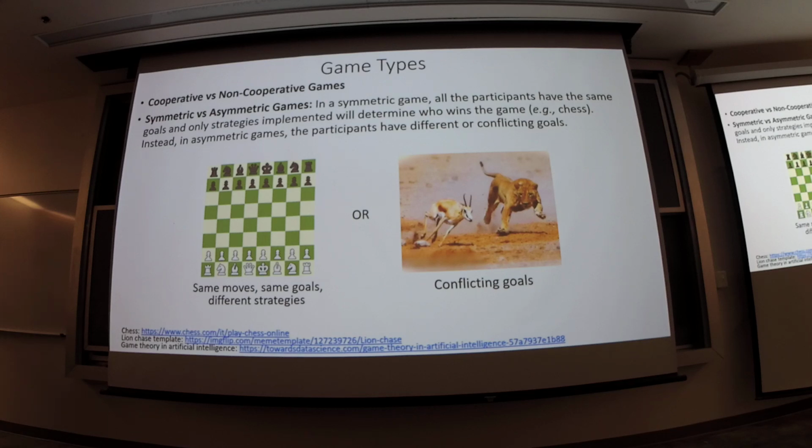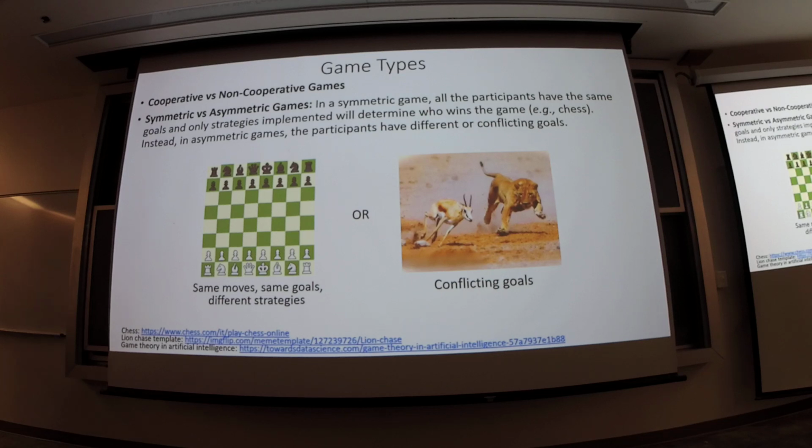So we have symmetric versus asymmetric games. Symmetric games are games where each player has the same set of moves, the same set of goals, and so even if we switch the players, the game can still continue, right? The game is still the same. Asymmetric games are the ones in which the 2 players have conflicting or different goals.